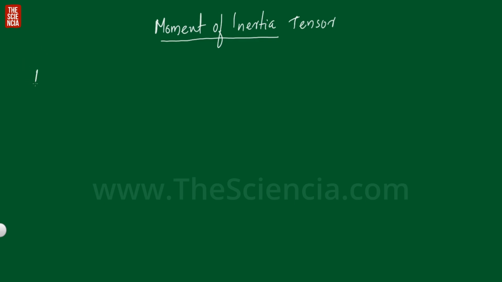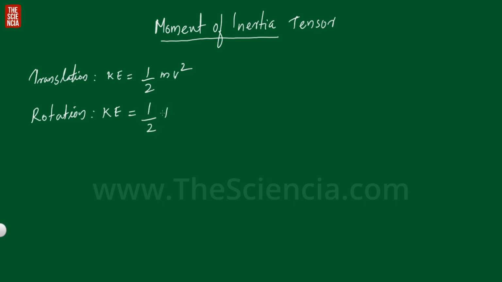In a translational motion, we know the kinetic energy of a body will be equal to half mv square, right? And suppose the body is in a rotational motion, then what will be the kinetic energy? The kinetic energy will be equal to half I omega square.